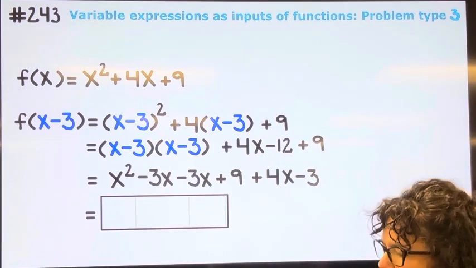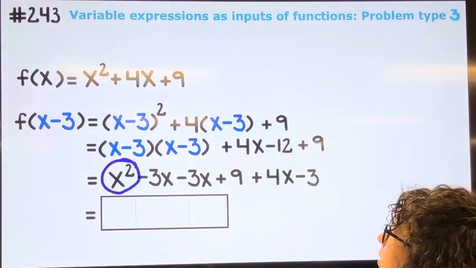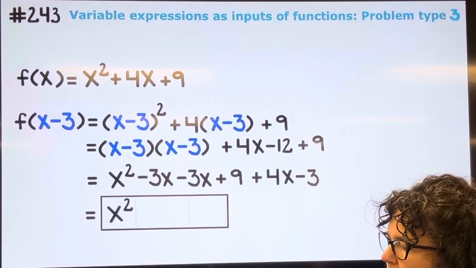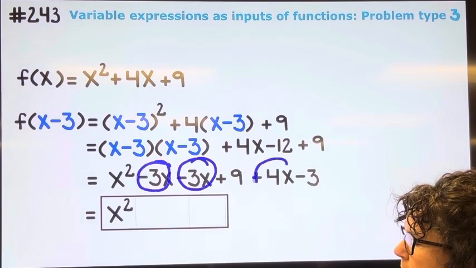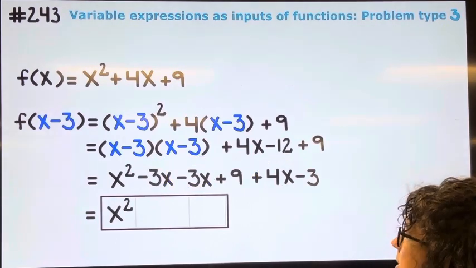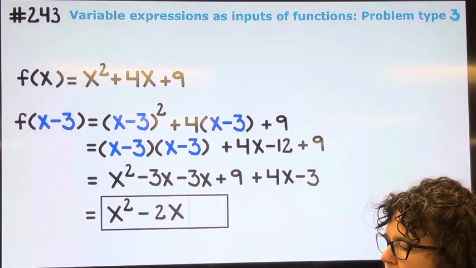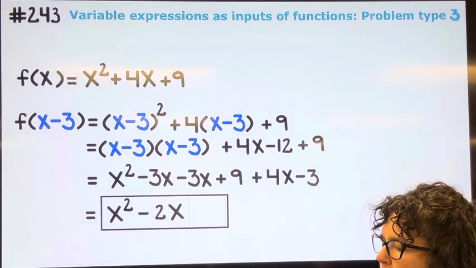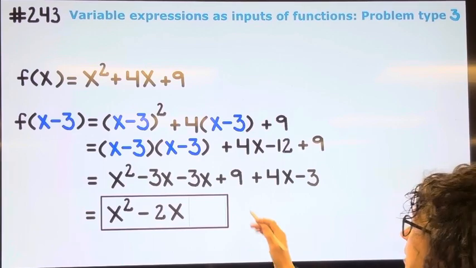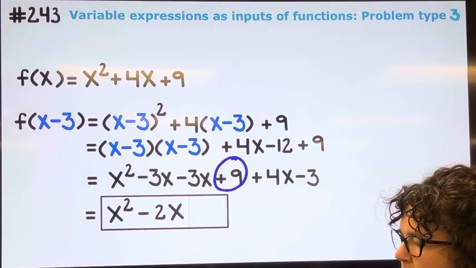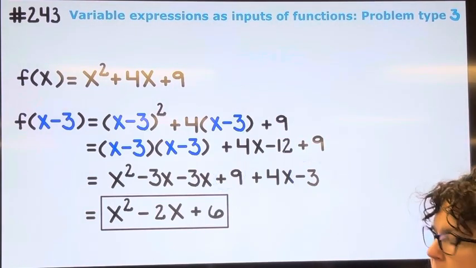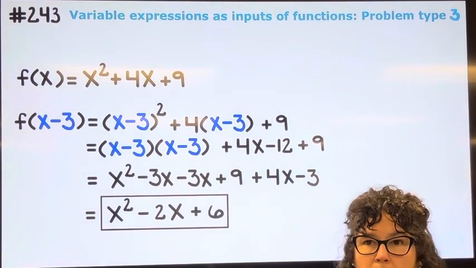And this is the only x squared, so we've got x squared. Then we have negative 3x's, negative 3x's, and 4x's, which makes minus 2x. And then we have 9 minus 3, here 9 minus 3, and that's going to give me plus 6.